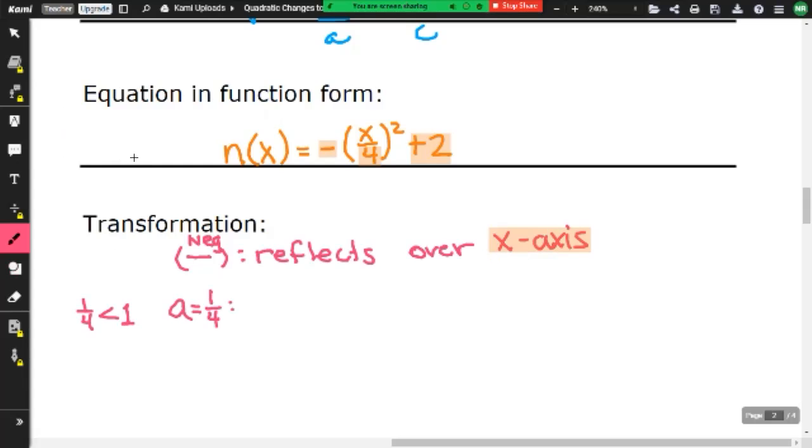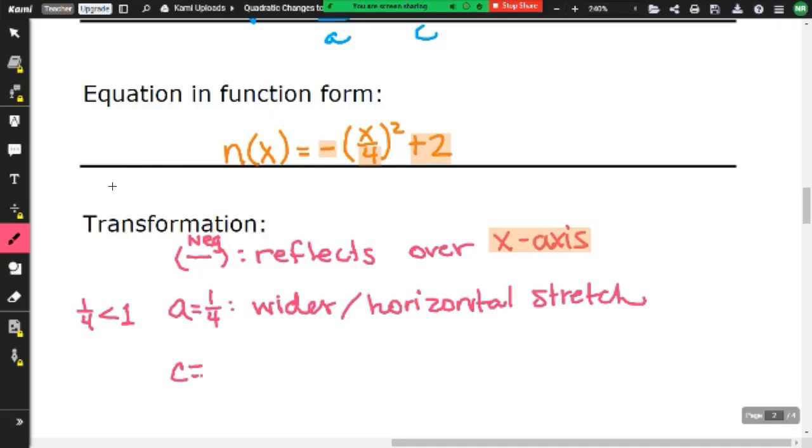So what happens to the parabola? It widens, wider. And what's the phrase? Horizontal stretch. Okay? And then C. C is 2. How does 2 compare to 0? Greater, it's larger. So what happens to the shift? Shifts up 2 units. When in doubt, use your chart.